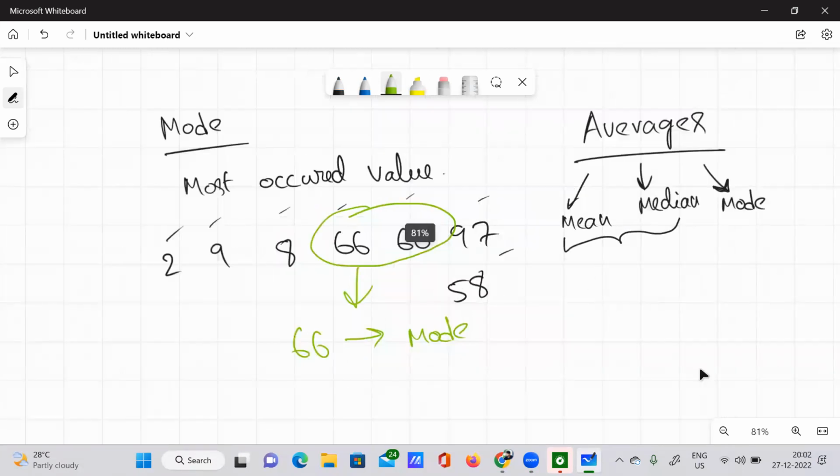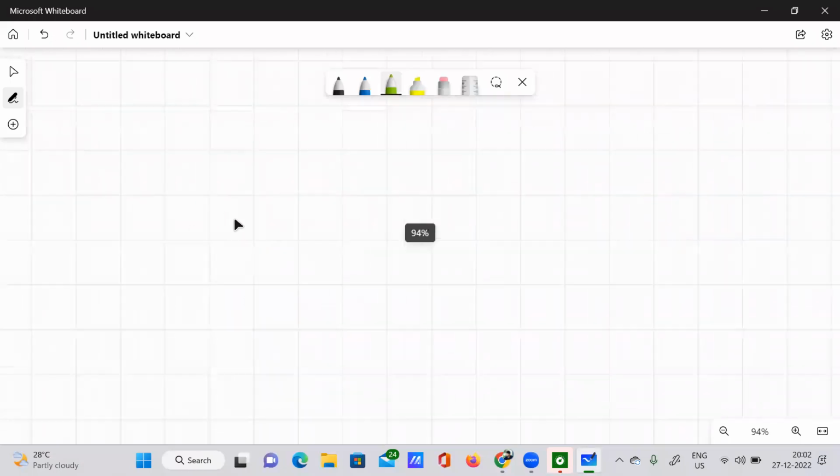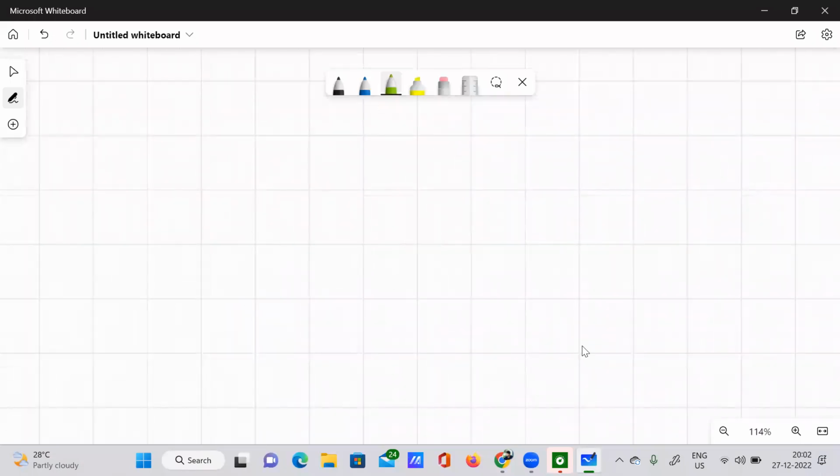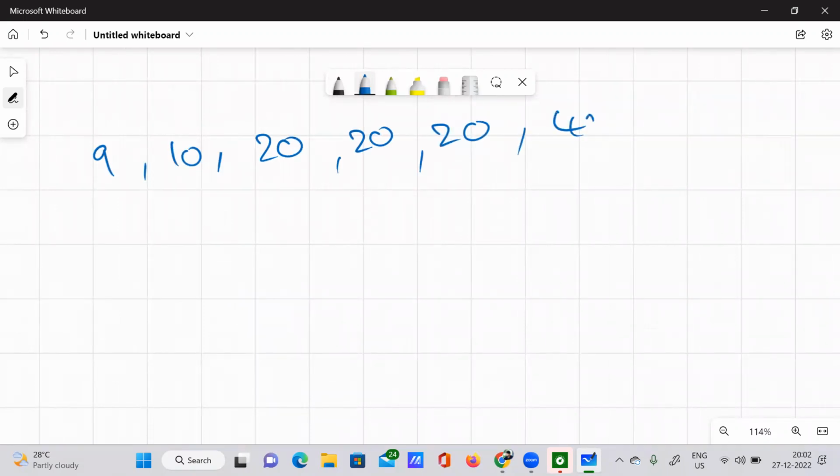Now I'll explain another example. See here, I have data like 9, 10, 20, 20, 20, 40, 20, 60. If I want you to find the mode of this data, I'll focus on the number that has been repeated the most in the overall data.